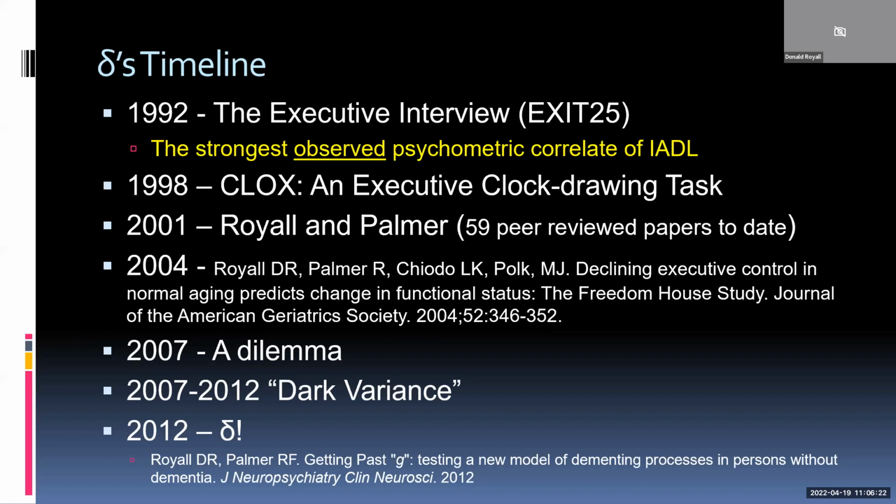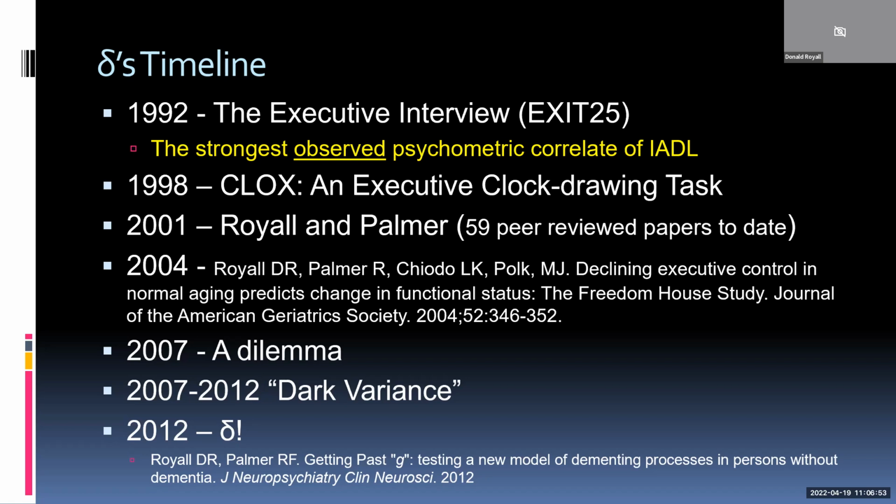So just a little bit about Delta's timeline. I'm not a statistician, I'm not a neuropsychologist, I'm not a neurologist. I really came at this from the perspective, I would say, of geriatric medicine. And in geriatrics, there's been a long-standing interest in functional status. So it was always pretty obvious to me that memory loss was really an inadequate way of understanding the disablement of dementing conditions.